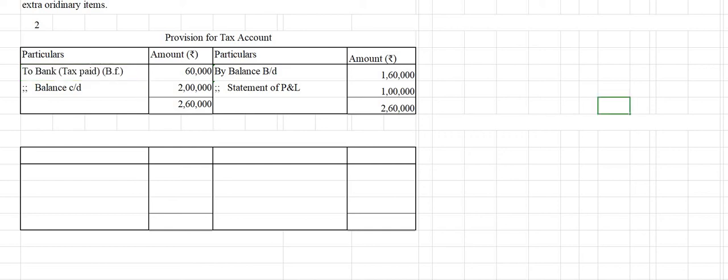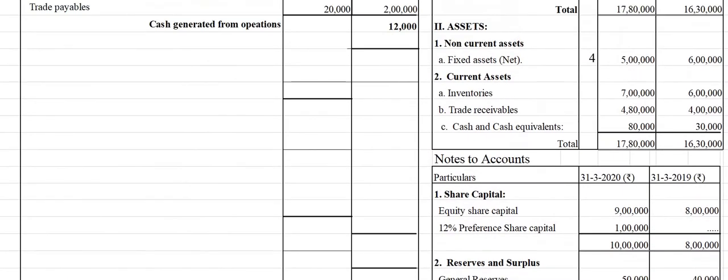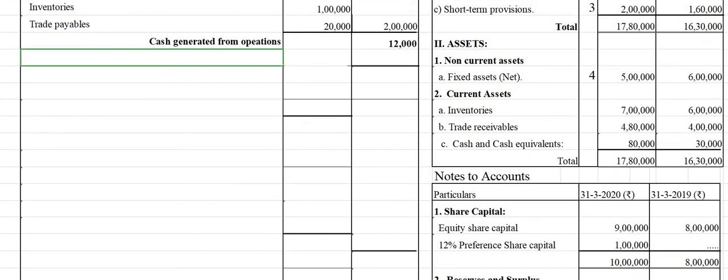Okay, so tax paid during the year is 60,000. Clear? This is the amount of tax paid, and tax made during the year is adjusted to the profit and loss account. That's what we have taken for calculating profit. So this 1 lakh is already taken. Now let us see how to take 60,000. We have already said that it will be deducted from cash generated from operating activities, isn't it?